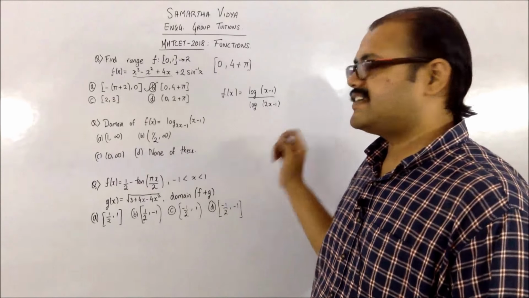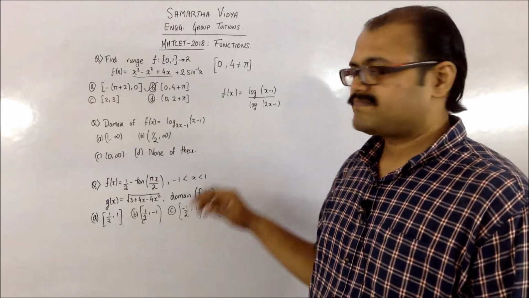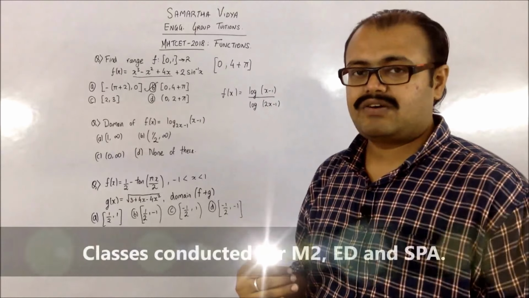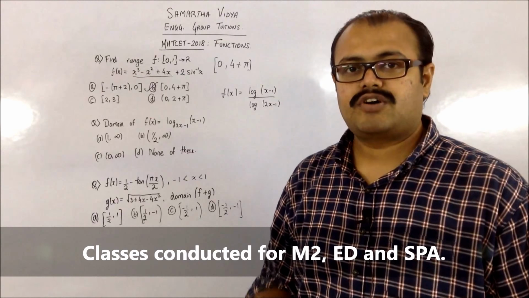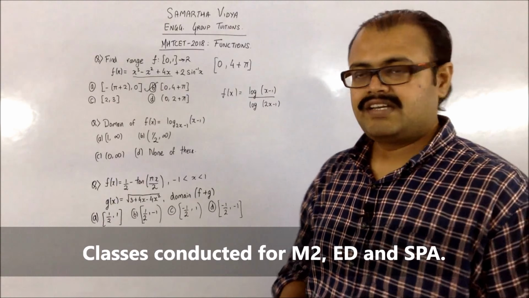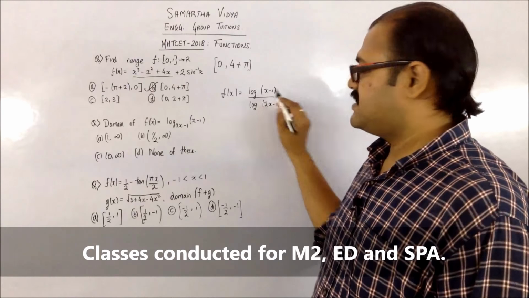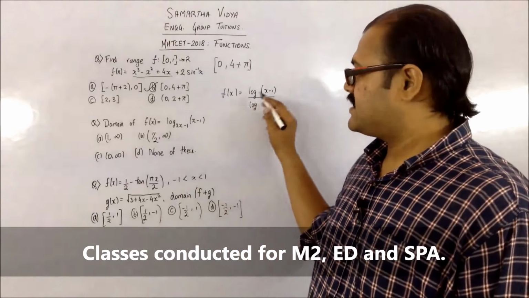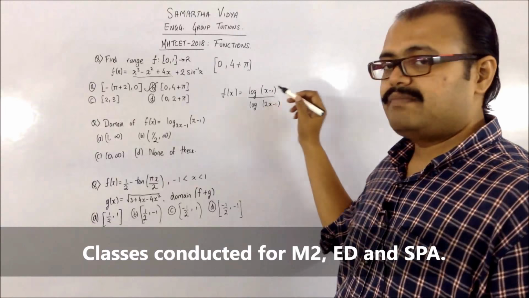So the value inside the log should not be negative, and also should not be equal to 0. If I substitute x equals 1 in x minus 1, I get 0, so we have to eliminate that.